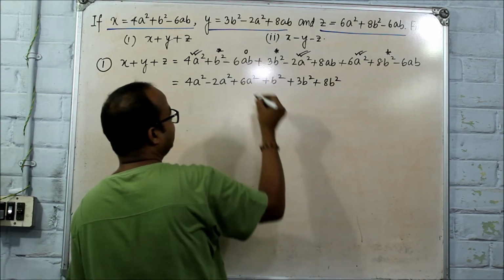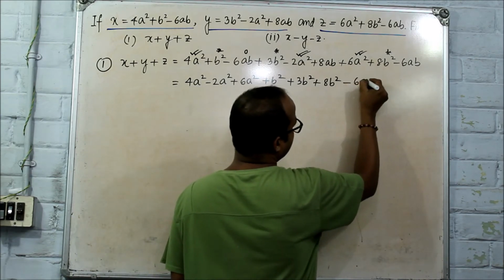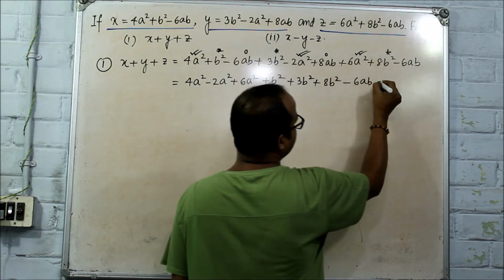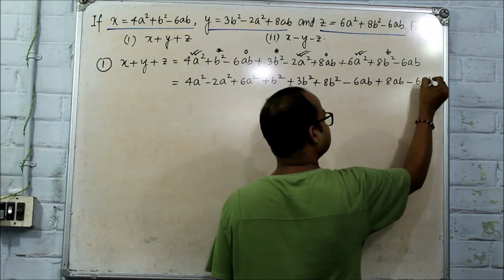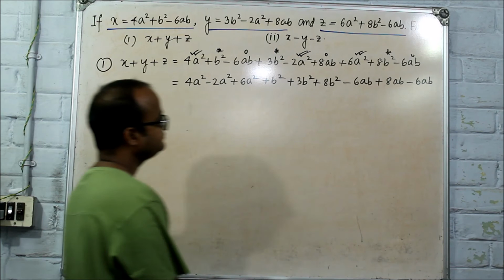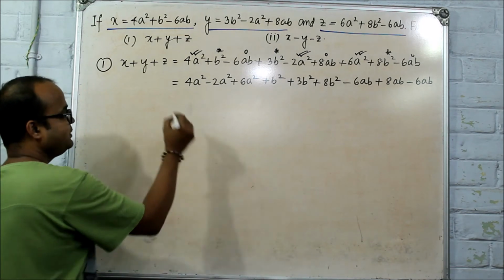Next one is minus 6ab plus 8ab minus 6ab. Now simplify this one.